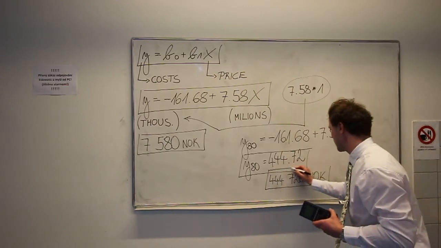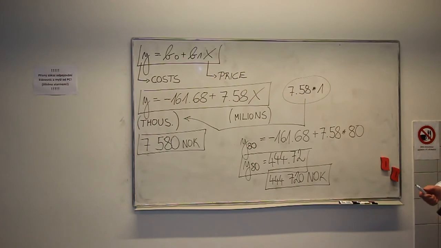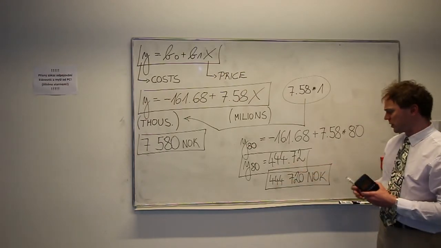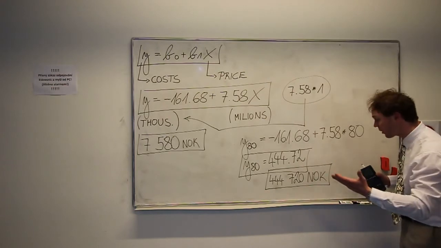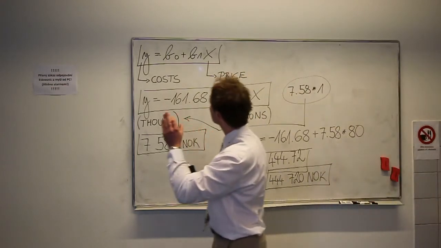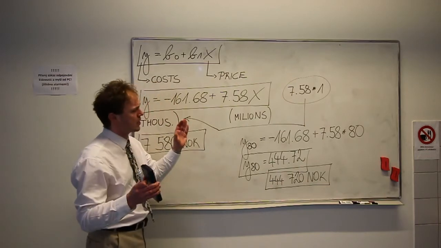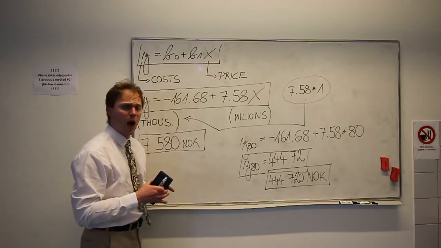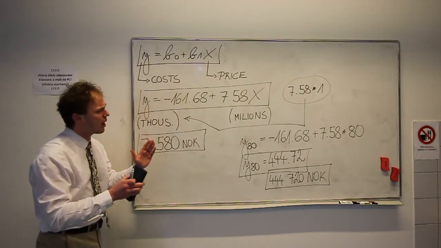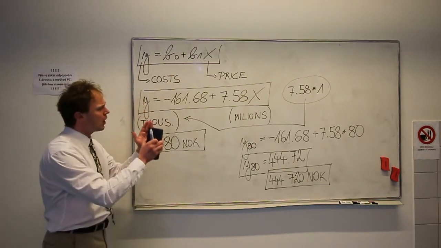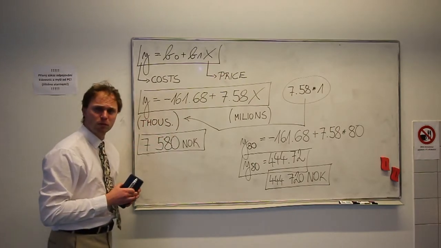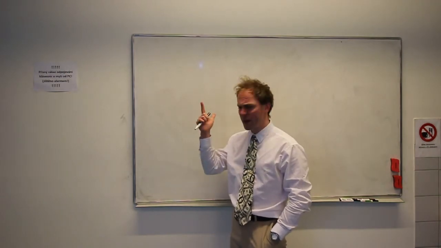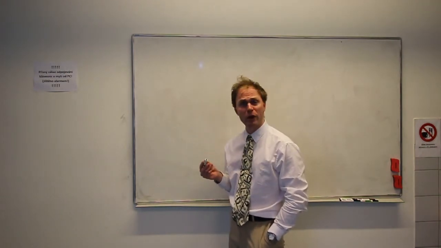So this is the final interpretation. 444,700 Norwegian crowns you need for the maintenance if you have a house whose price is 80 millions Norwegian crowns. So we used this model for calculation of this value. Okay, we calculated two examples with the regression line.